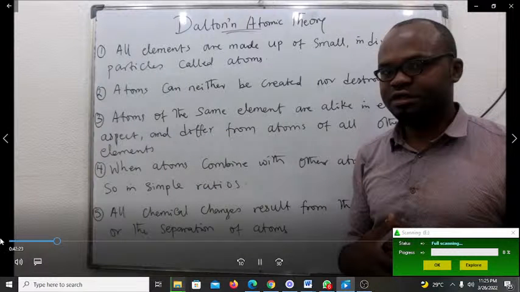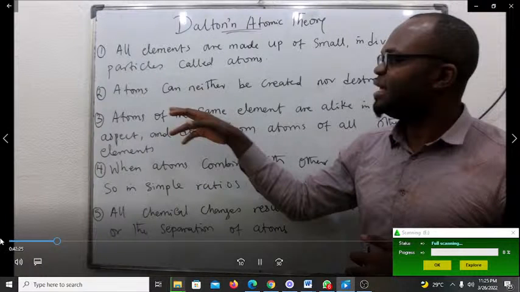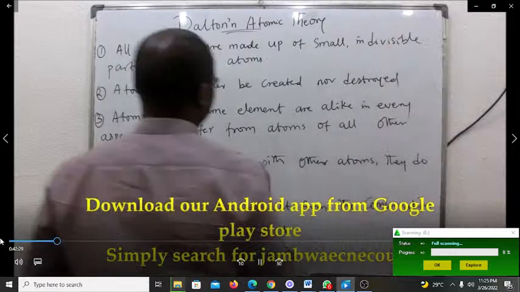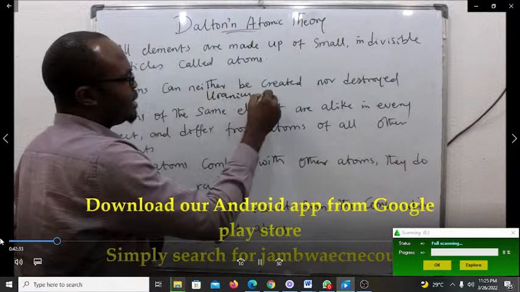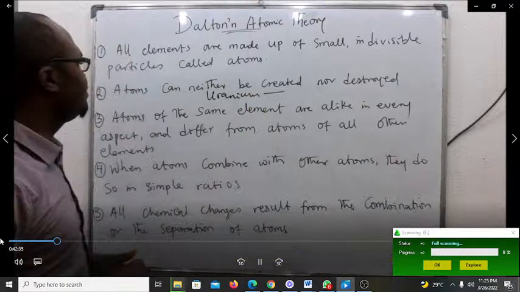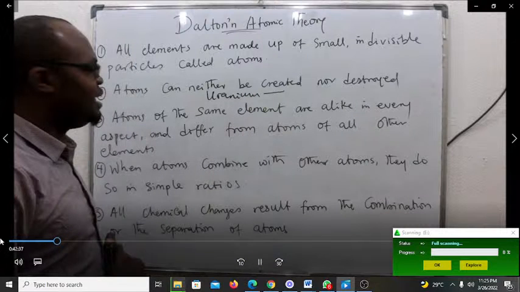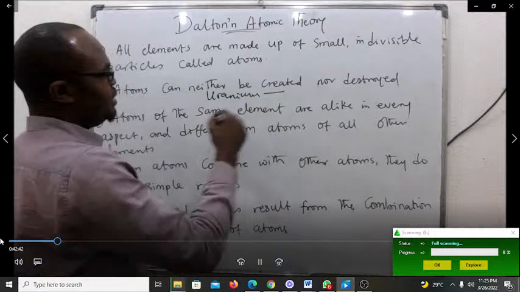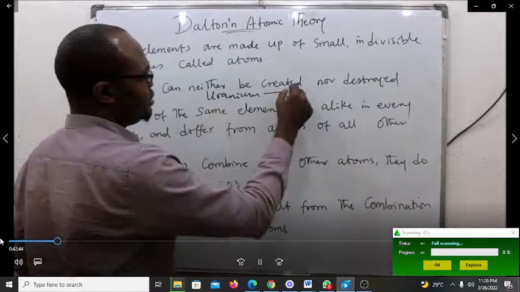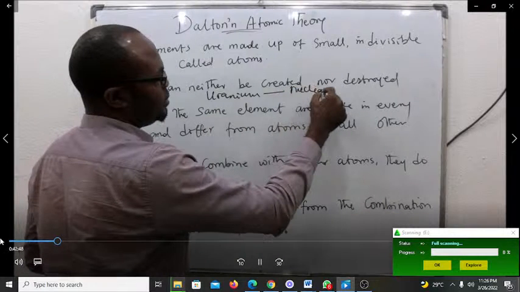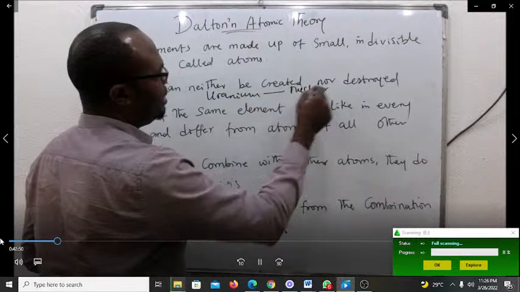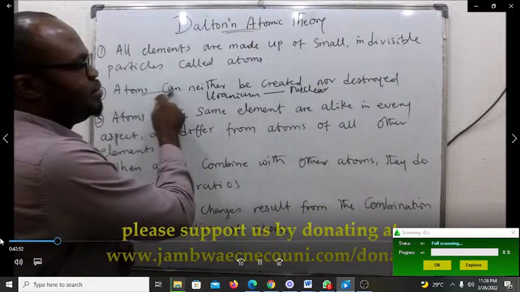But we know that in nuclear reactions, things like uranium can be broken down into atoms of other elements. Nuclear reactions make this statement not completely true.